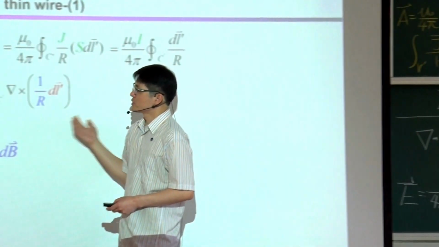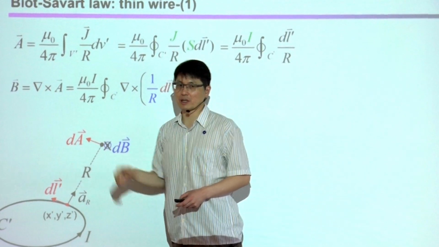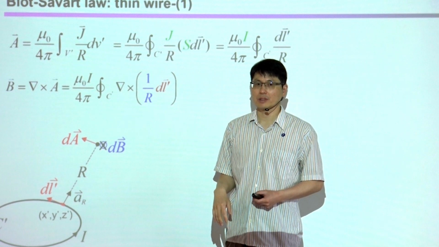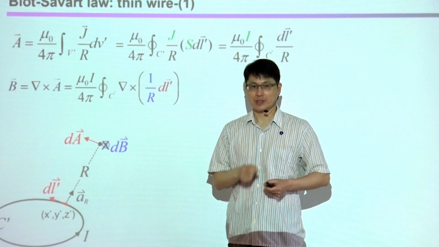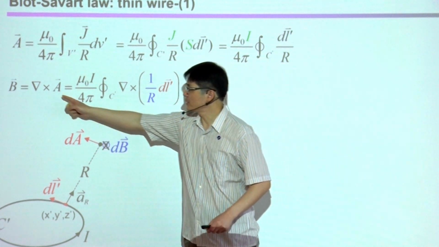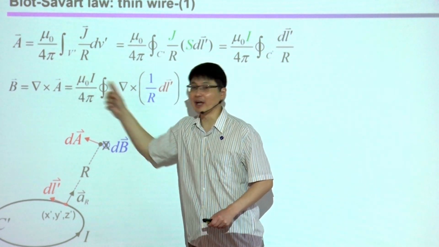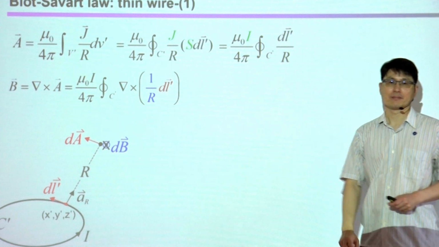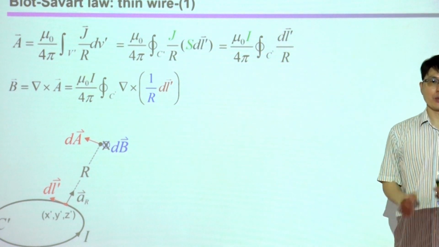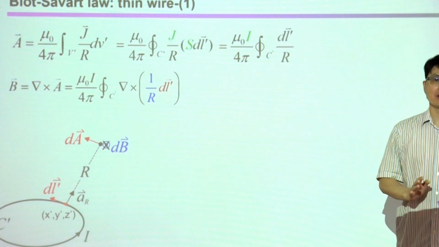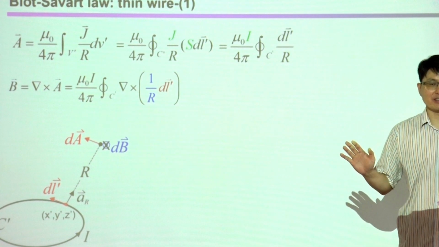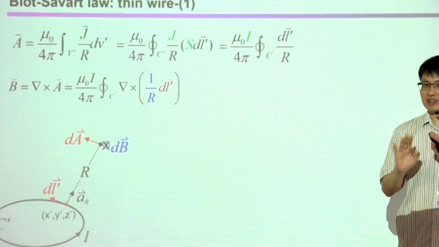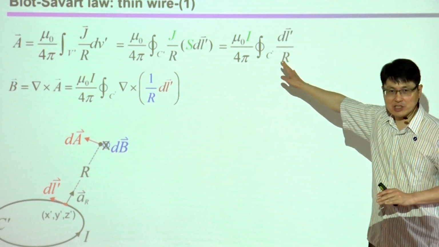All right. So all you have to do is perform the curl operation. They performed a direct and brutal curl operation. They really performed the curl on A. So you have to respect them. My mathematical skill is not that good. I would never dare to perform direct curl on the generalized solution form.